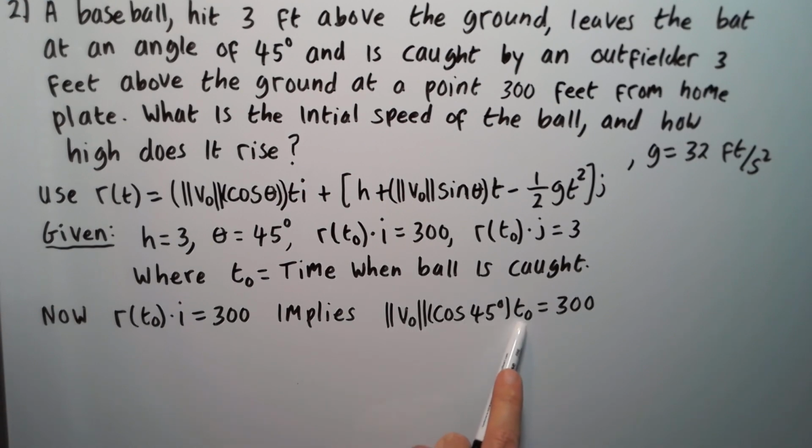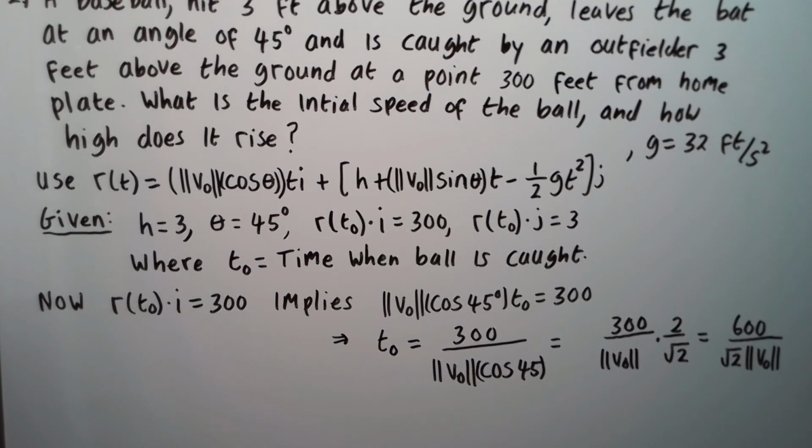So let's solve for t0. Dividing by the speed and the cosine of 45 here. And the cosine of 45 is square root of 2 over 2. But you're dividing, so you do reciprocals, so it'll be 2 over square root of 2 times this stuff. So it's going to be 600 over square root of 2 times initial speed.